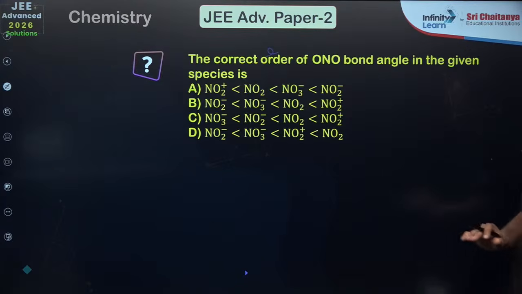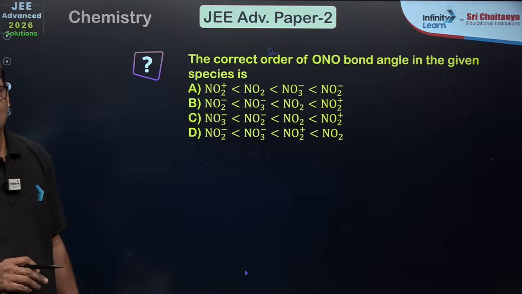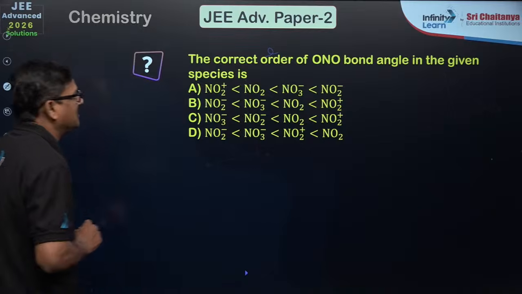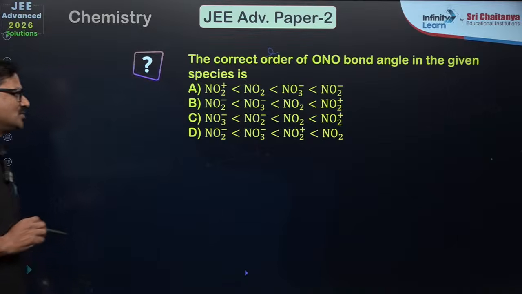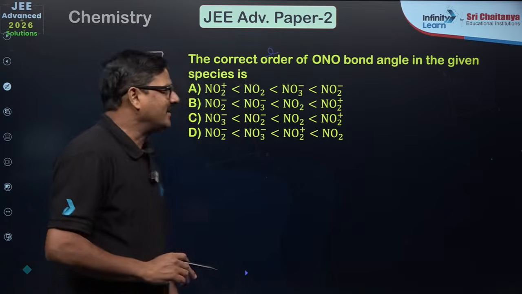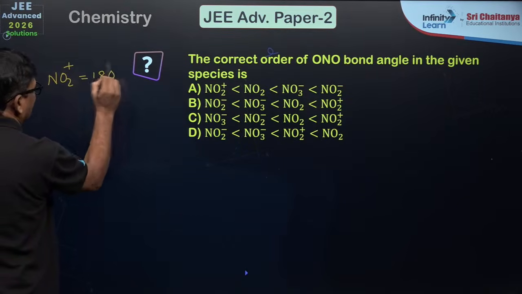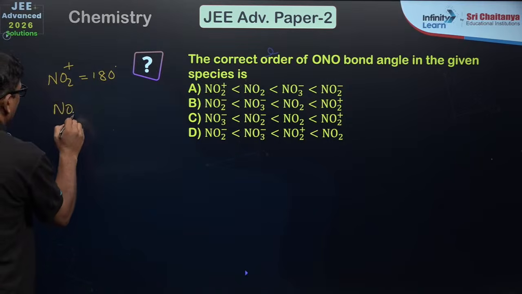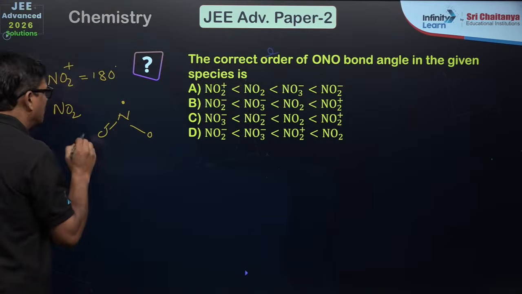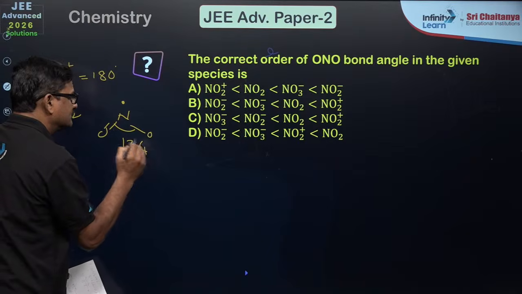Next, moving ahead, here is the correct order in chemical bonding, bond angles. The correct order of NO bond angles of NO2 plus, NO2, NO3 minus and NO2 minus. NO2 plus is going to be 180, and NO2 is an odd electron species, so the bond angle is nearly 134 degrees.